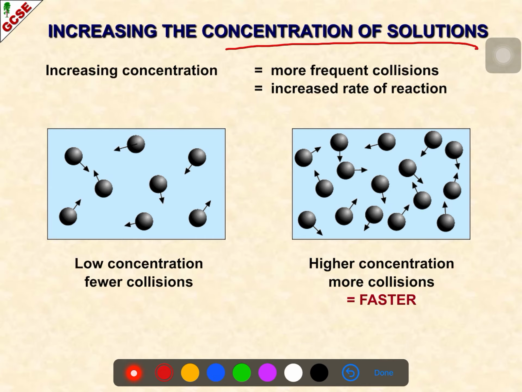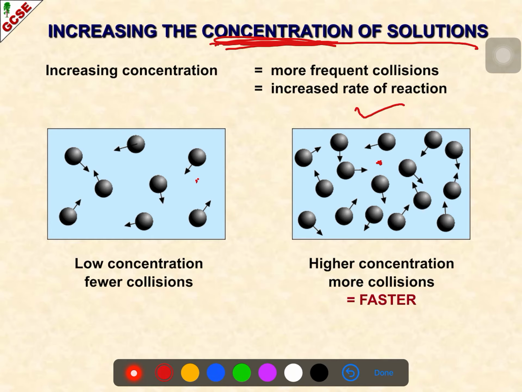Again, I told you, when you increase the concentration, you increase the number of particles. Here they have fewer particles, this one has more particles, so which one will collide more? This one. So increasing the concentration will increase the chemical reaction.